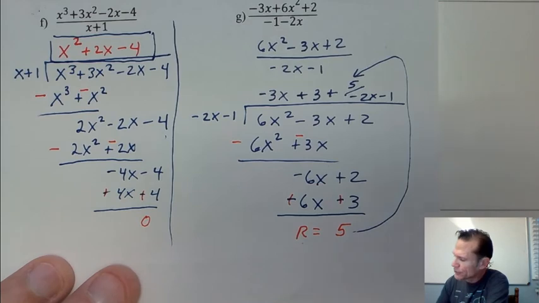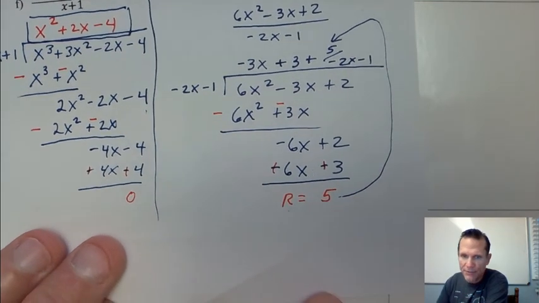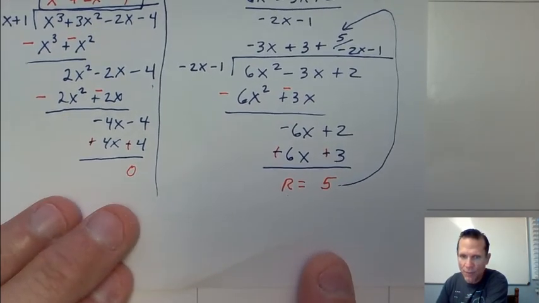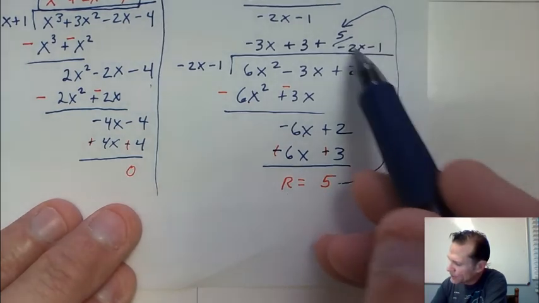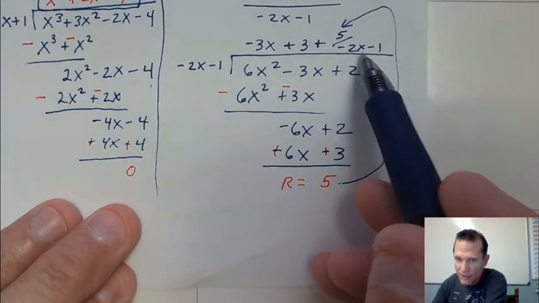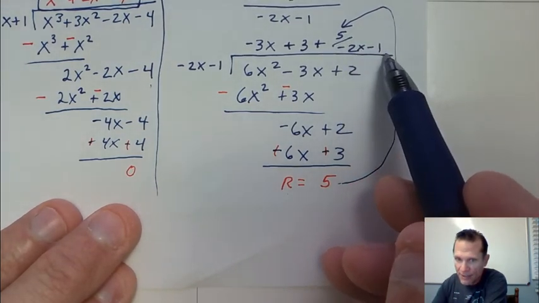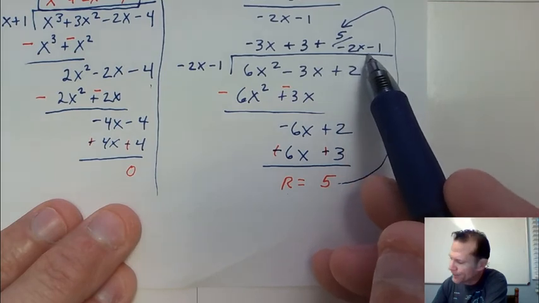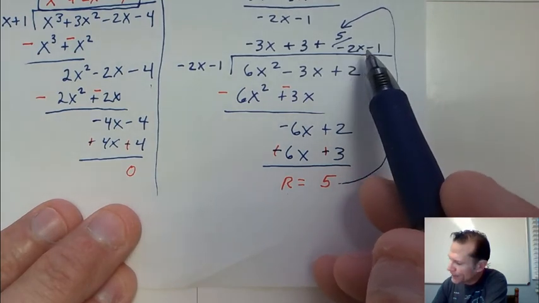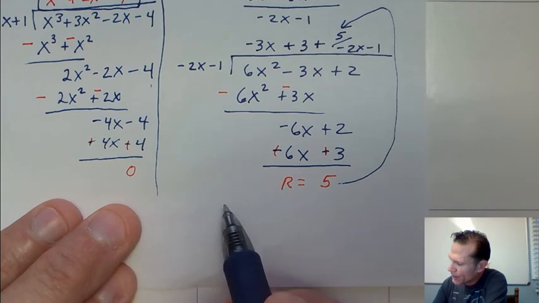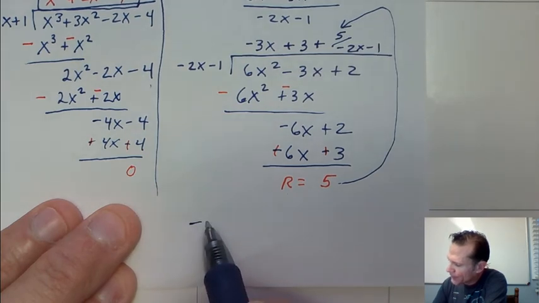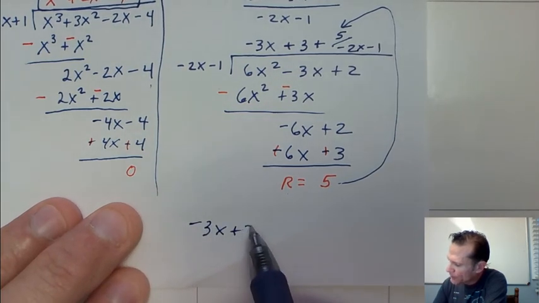Okay, now just to show you, factoring a negative, what might have happened here with this final answer is you might have factored a negative out of this denominator here. And so if you factor a negative out of the denominator, we would end up with negative 3x plus 3.